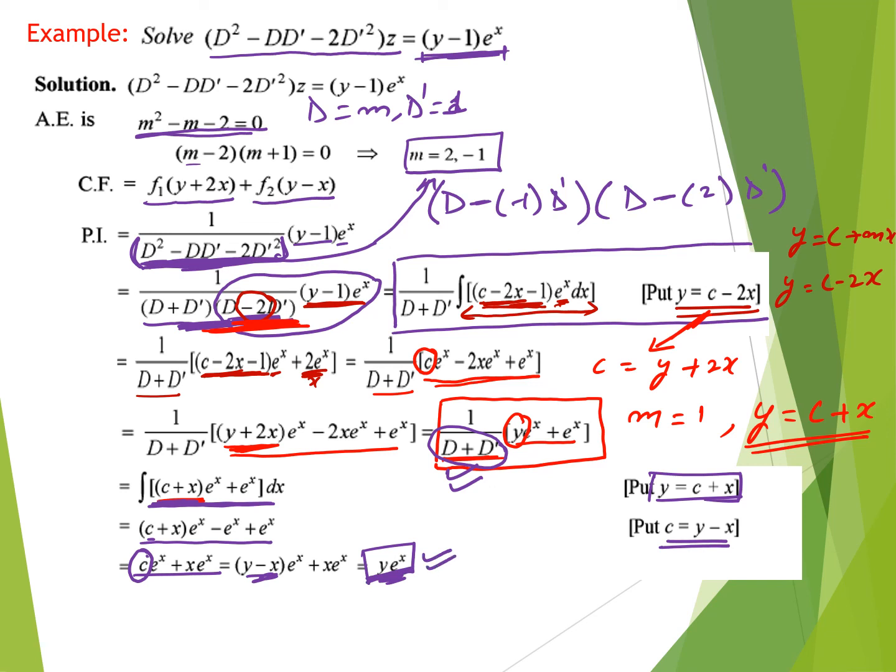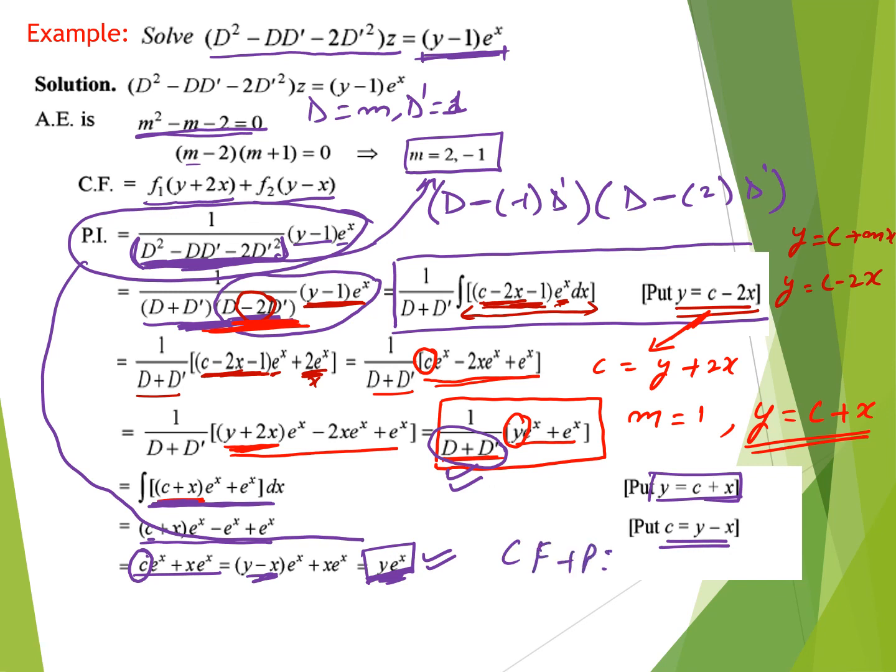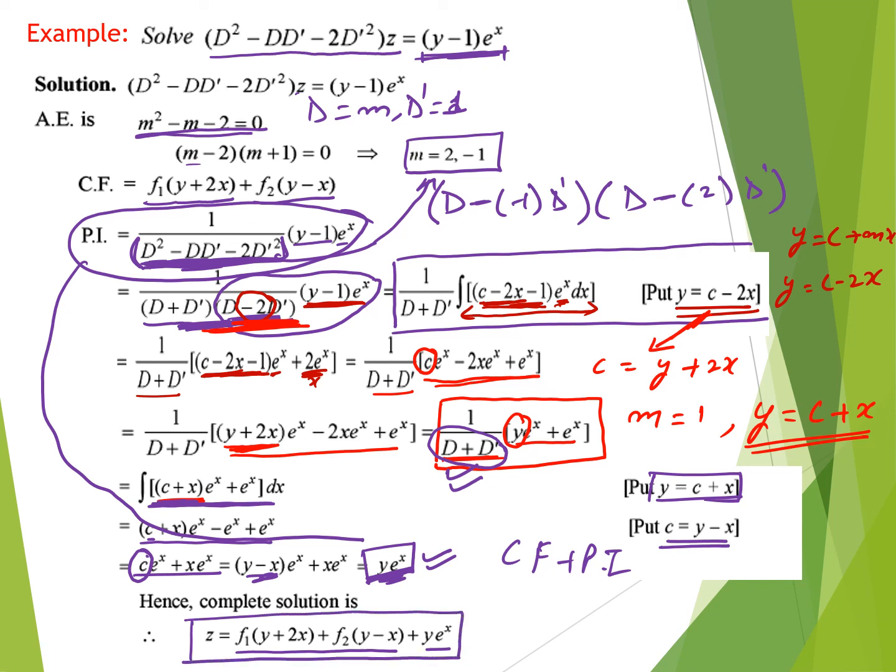This is the final PI of this portion. This is the solution of this portion. Now the final solution should contain CF plus PI. So z is equal to CF plus PI. So this is the final solution by using the general method.